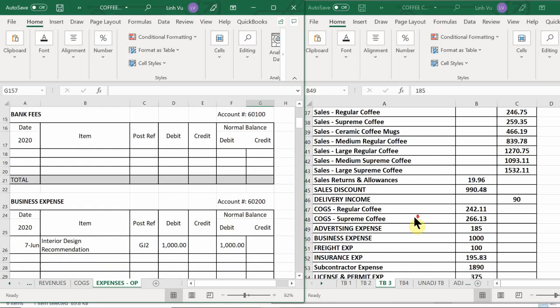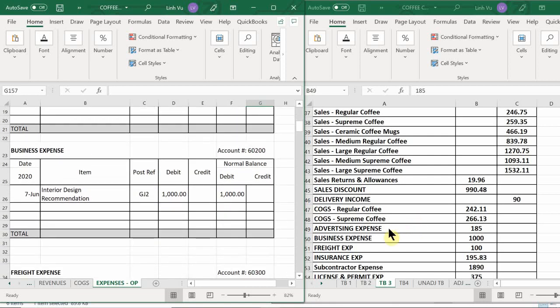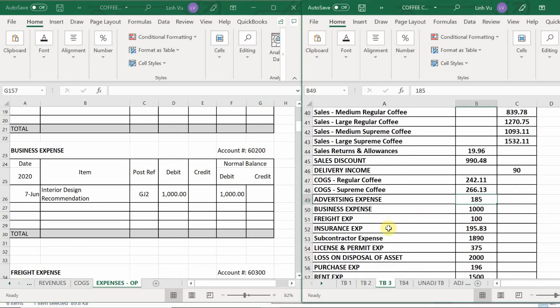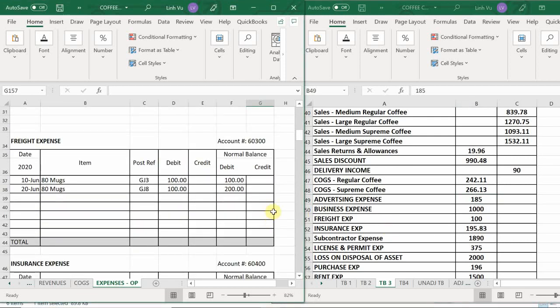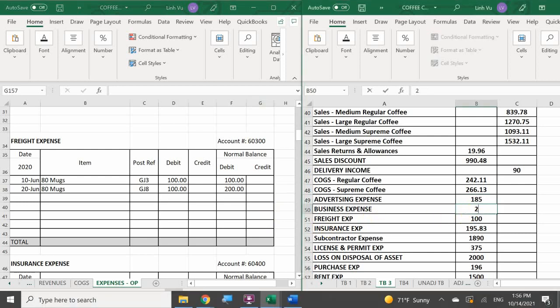Next, business expense for 1,000, the same. So that stayed the same. What about my freight expense? The expense there are 200 now. No, you change your business expense. Yep, 1, 2, 3. There you go.